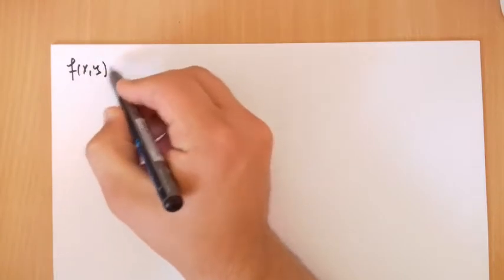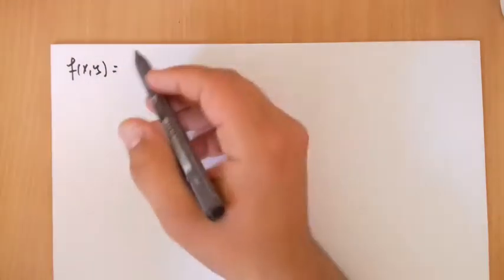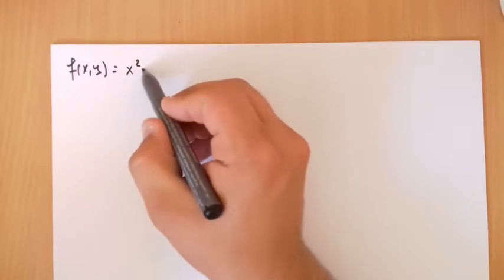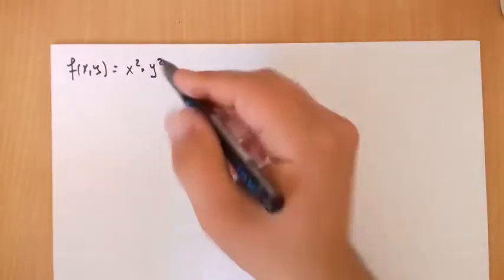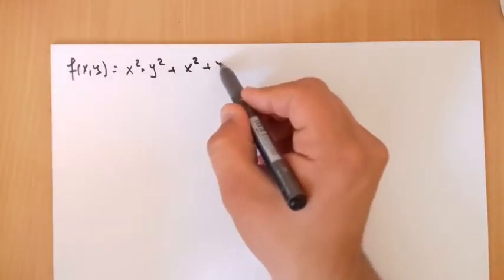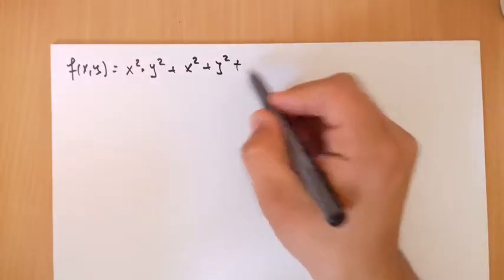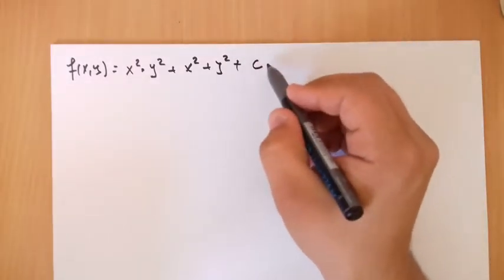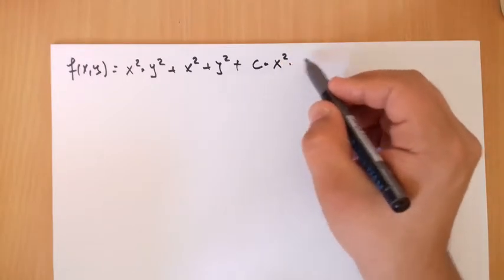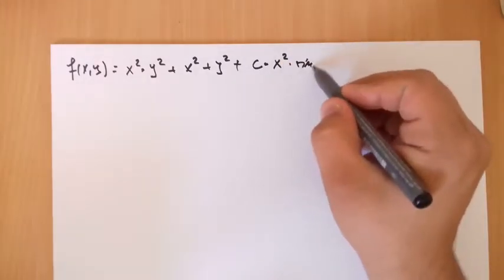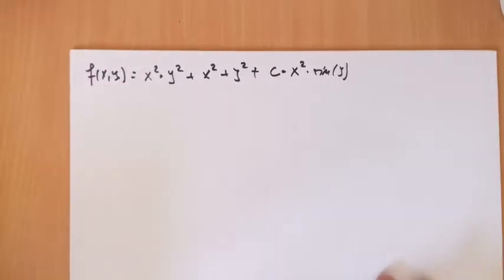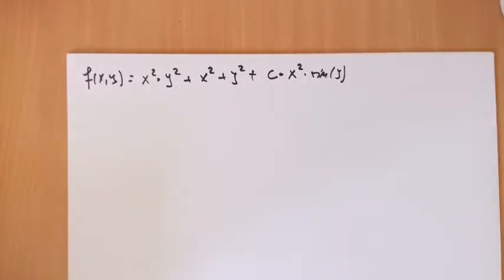So this is the exact derivative, how we do the total derivative of one function. But if we have, for example, a function f of x, y, such as x squared times y squared plus x squared plus y squared plus c times x squared times sine of y, we have to do two parts.